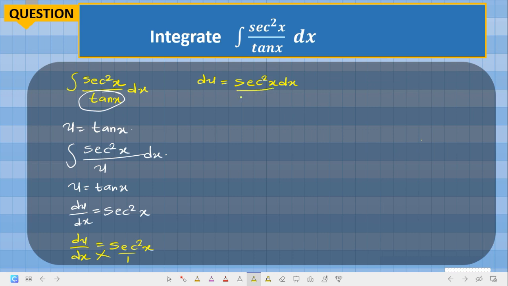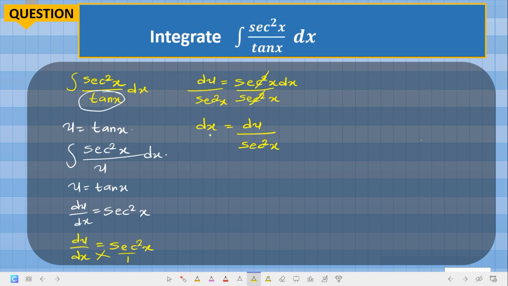So to make dx the subject of the formula, divide both sides by sec square x. Sec square x cancels sec square x. The dx is du all over sec square x.